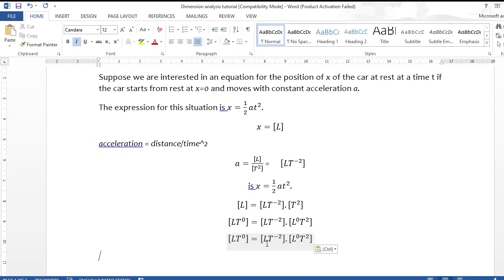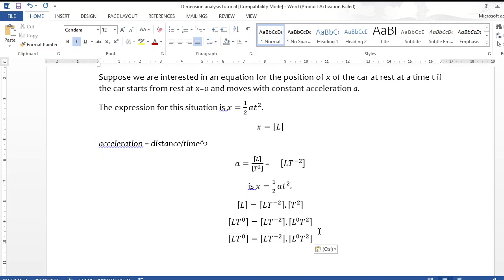So if you're multiplying L by L, you add the powers. Multiplying T by T, you add the powers. So if you're multiplying variables or numbers with the same base, we should add the powers.